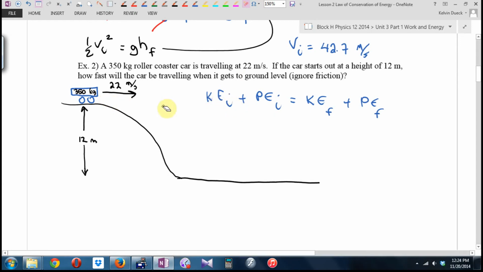Nope, I'm moving. Don't cross that out. Am I starting out on the ground? Nope. Am I stopping when I find my final speed? Nope. Am I ending up on the ground? So that one, I can go. So I'm going to have a half mv initial squared plus mg h initial equals a half mv final squared.